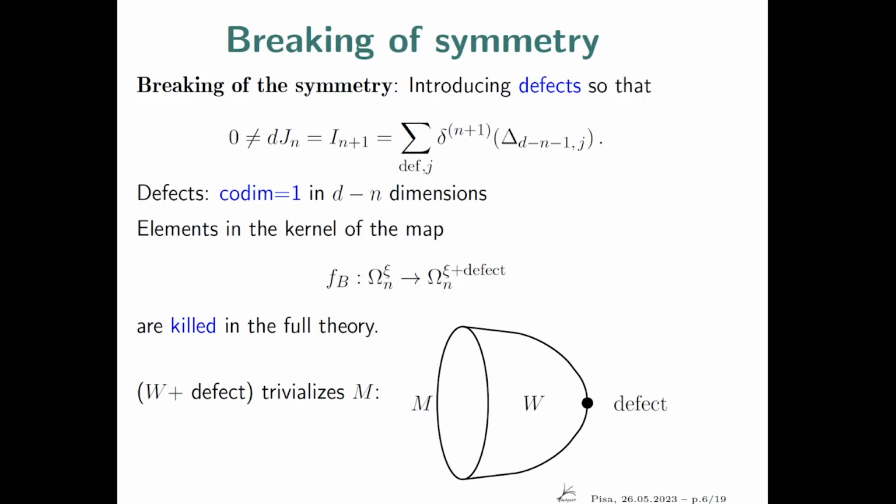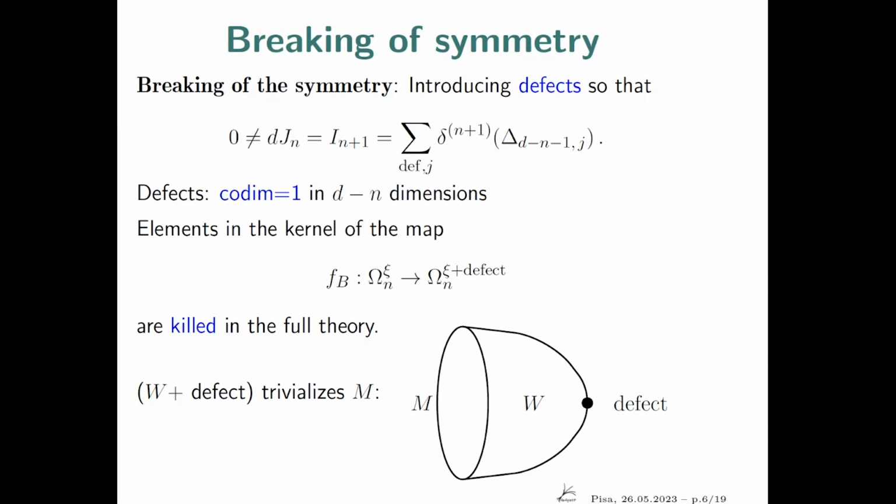Okay, so let me come to breaking of the symmetry. As I've shown you, we introduce a higher dimensional form on the right-hand side. This you can think of as the Poincaré dual of a lower dimensional object of codimension 1 in the non-compact directions. So you can think of this as a defect. This is what this picture suggests. Geometrically, you have your manifold M, which was not cobordant to 0.